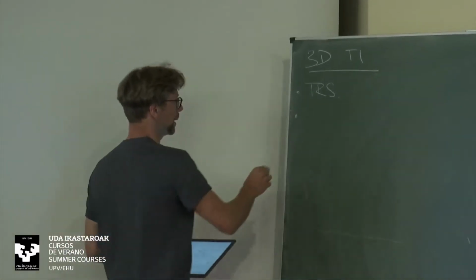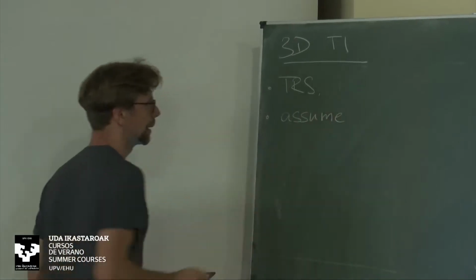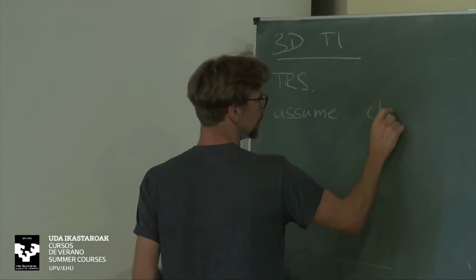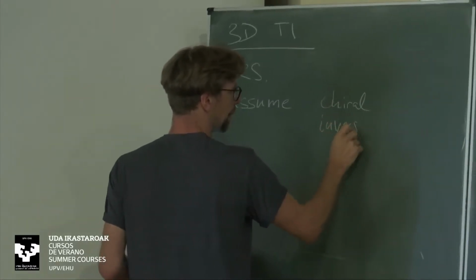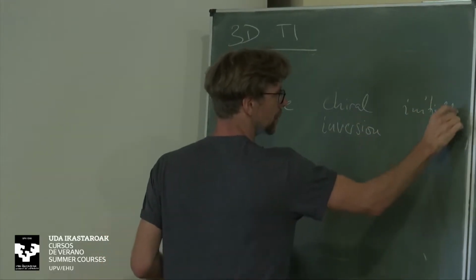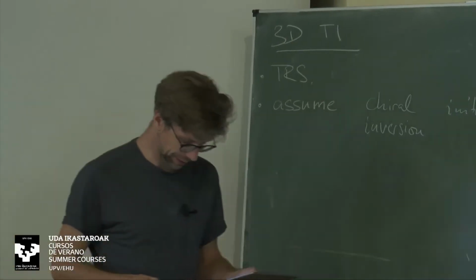And so what I want to assume is that we also have a chiral symmetry and inversion symmetry initially for this construction, but we'll be able to break that eventually.